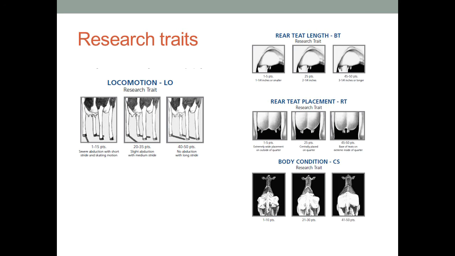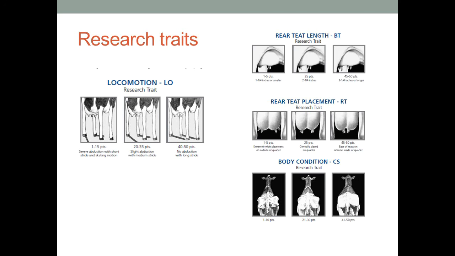And the reason we're collecting data on this is we honestly don't know how these cows should be walking. So what we're going to do is collect this data for a while, also collect data from those same cows on how much milk they give and on their longevity, and then we can determine if this trait is associated with production and longevity and profitability, and if it is associated, what's the desirable trait?